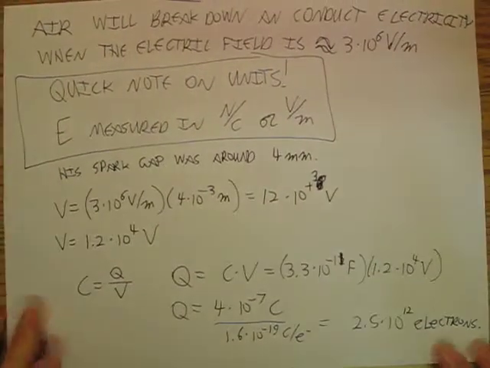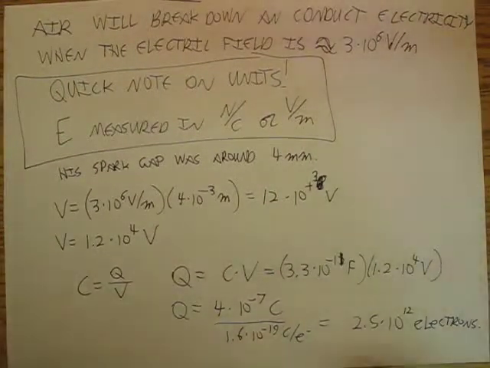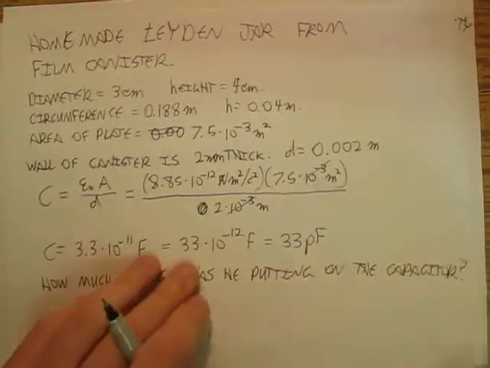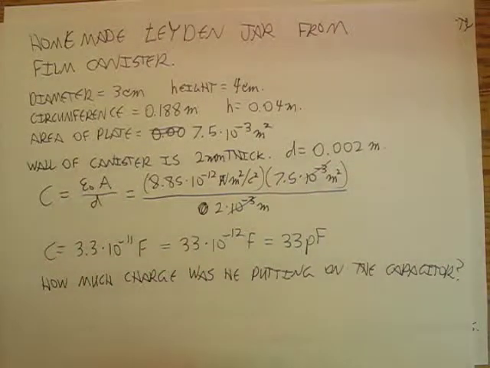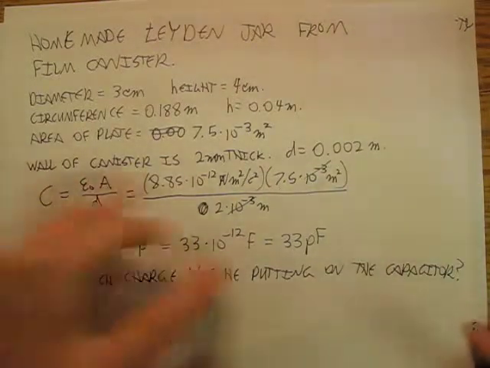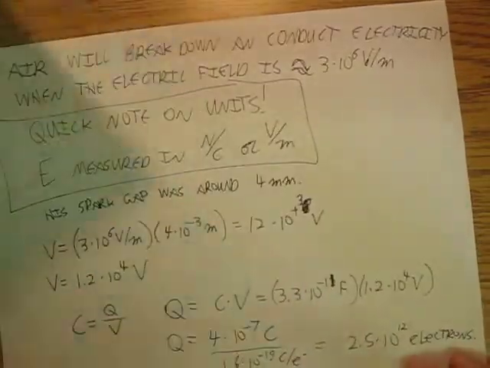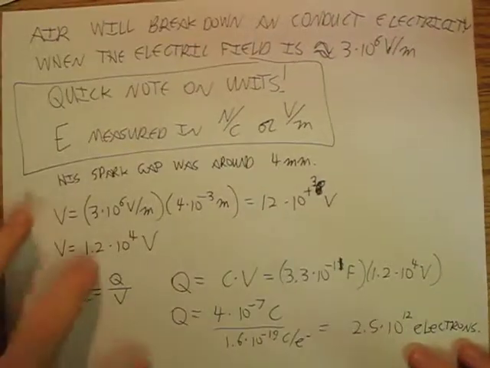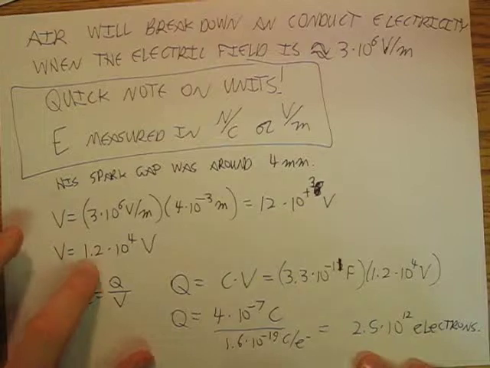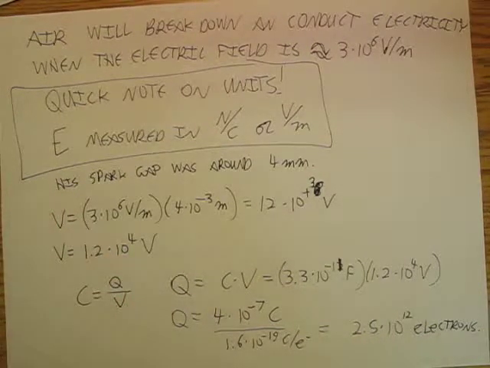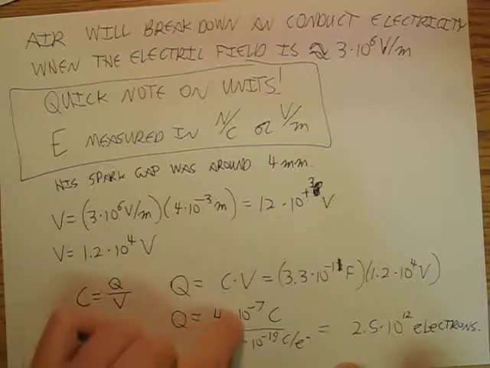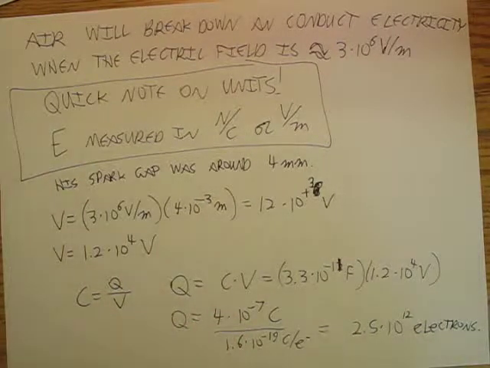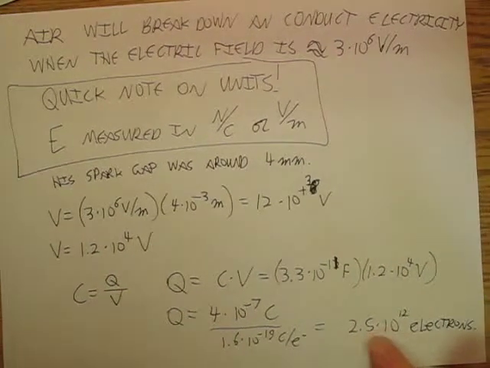So what did he do? He built a little capacitor out of a film canister with a capacitance of 33 picofarads, and he probably got it up to about 1.2 times 10 to the fourth volts by putting a charge of 4 times 10 to the negative 7th coulombs on it, about 2.5 trillion electrons.